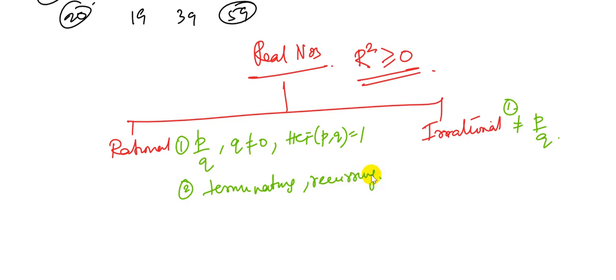It has to be either terminating or recurring, one of these two. And an irrational number will be non-terminating and non-recurring. Clear? This is the second definition.